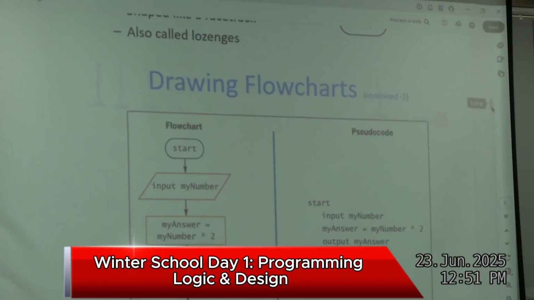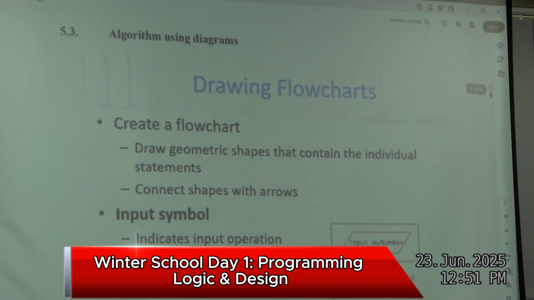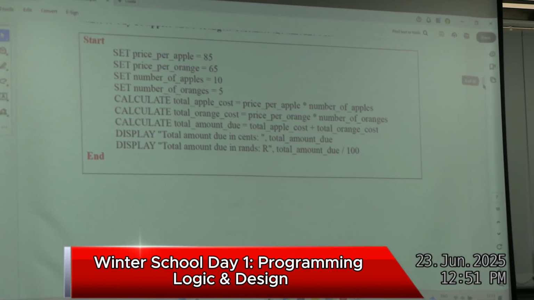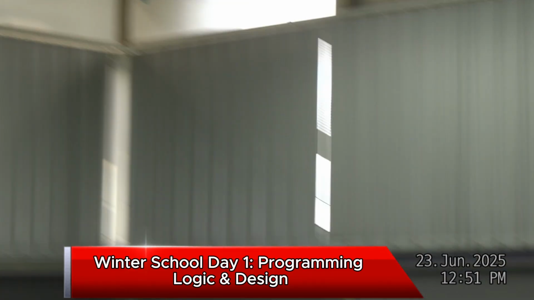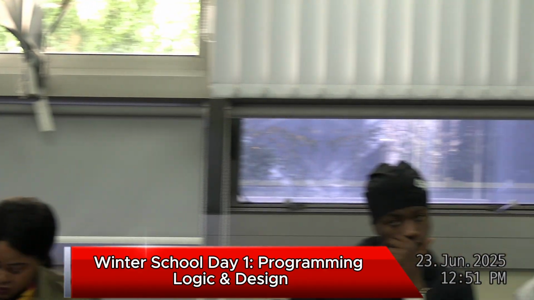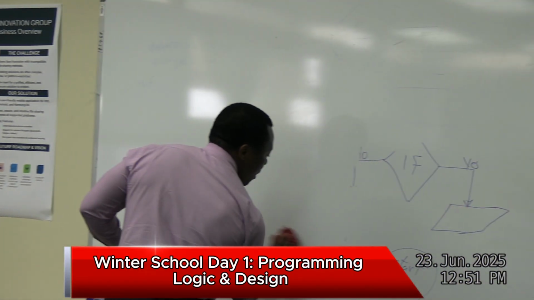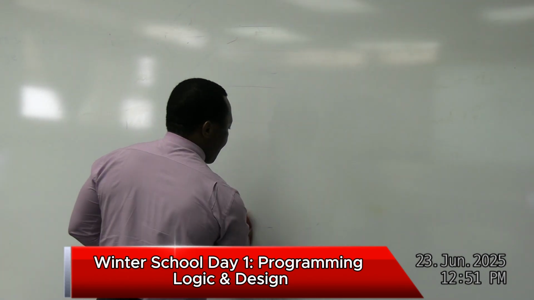We go back to our pseudocode, and we have to design it. Let us design the problem, that algorithm flowchart using diagrams.